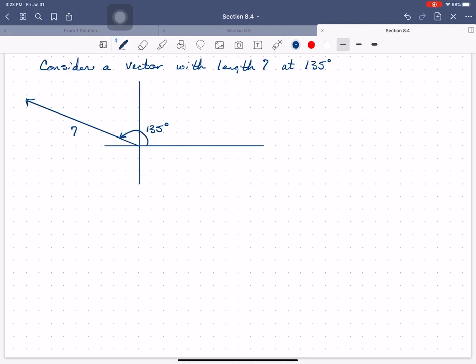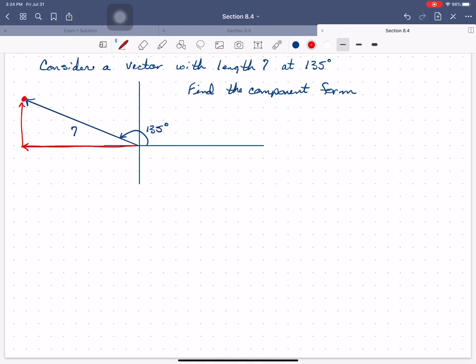Now, what we want to do is find the component form. One way to think of the component form is to think about this point out here and how far over we would go horizontally to get to that point, and how far vertically we would go to get to that point.